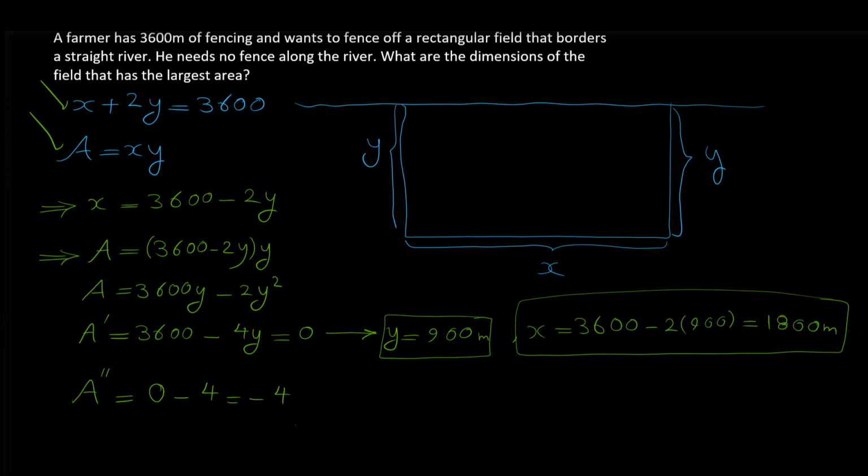Because the second derivative is always negative, this shows that it can have only a maximum. Because when the second derivative is negative, the function is always concave down, and when a function is concave down, it can have only a maximum point. This is another way that we can prove that the critical point is a maximum point.